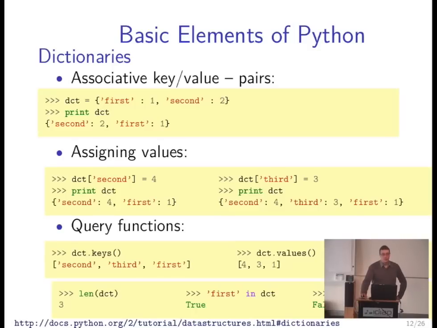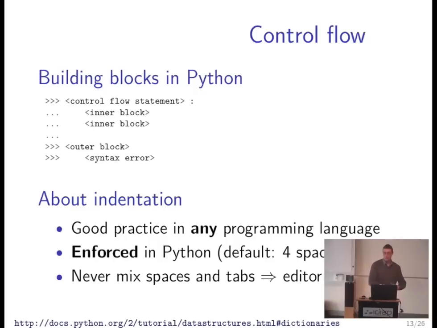So before I continue with the control flow building blocks in Python, I want to add a short note about indentation. When you do programming, it is a good practice in any programming language that you indent building blocks.